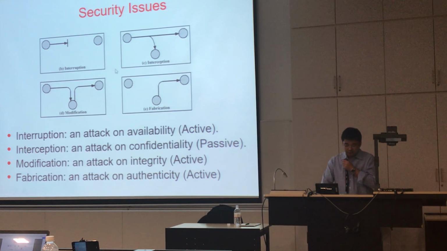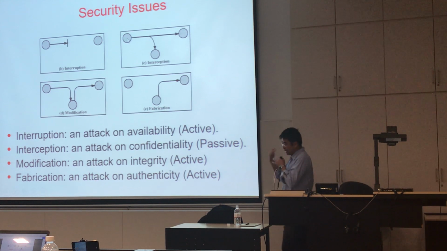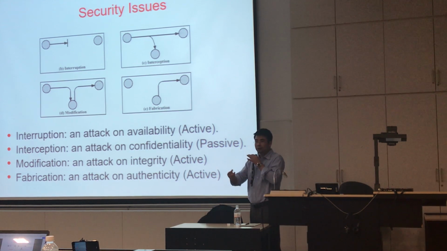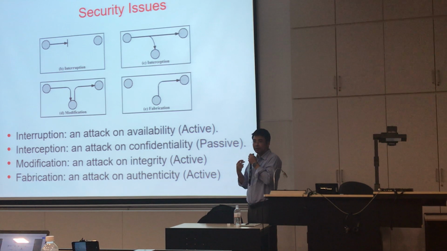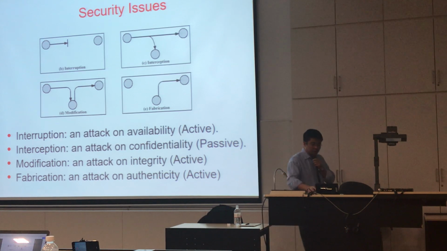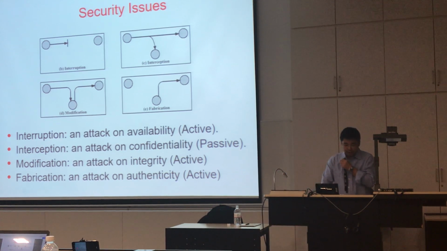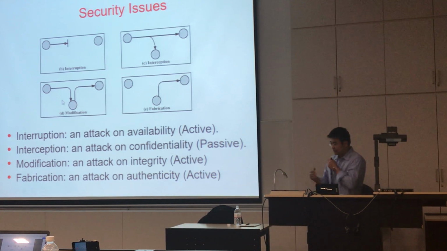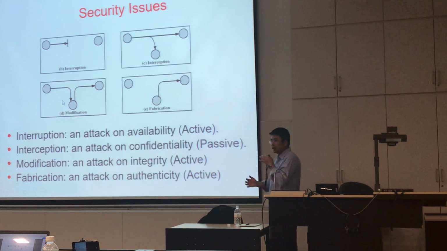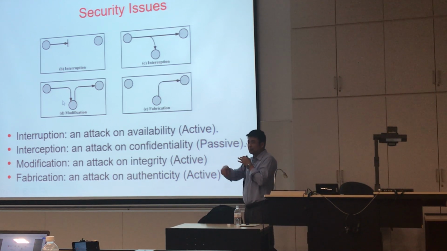And the interception, this is against confidentiality. Someone A wants to send a message to B, but the message may be intercepted by the attacker. The attacker may eavesdrop on the communication, so this is against confidentiality. And then modification. When Alice sends a message to Bob, someone intercepts the message, modifies it, and then sends the modified message.